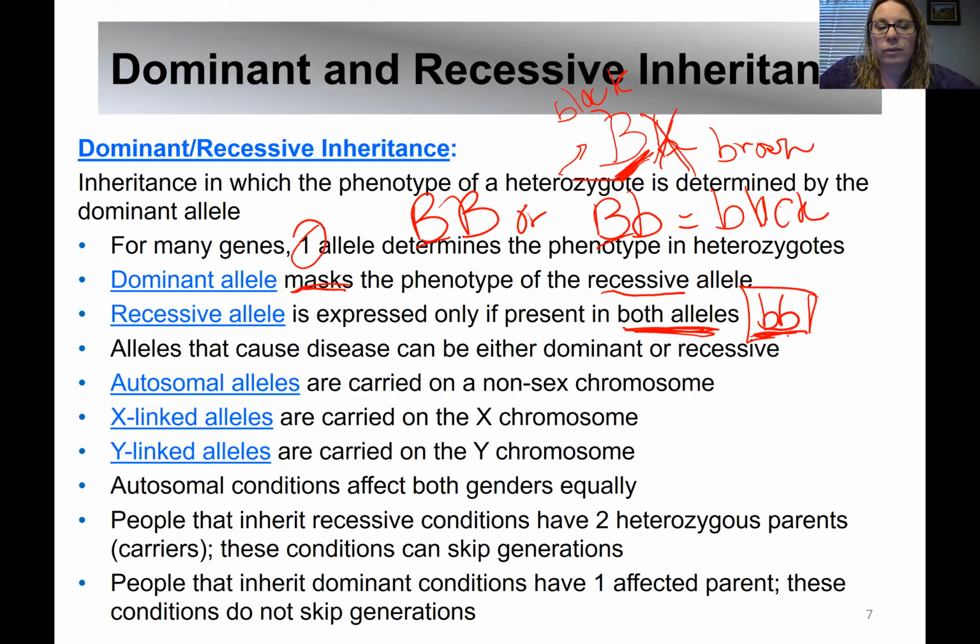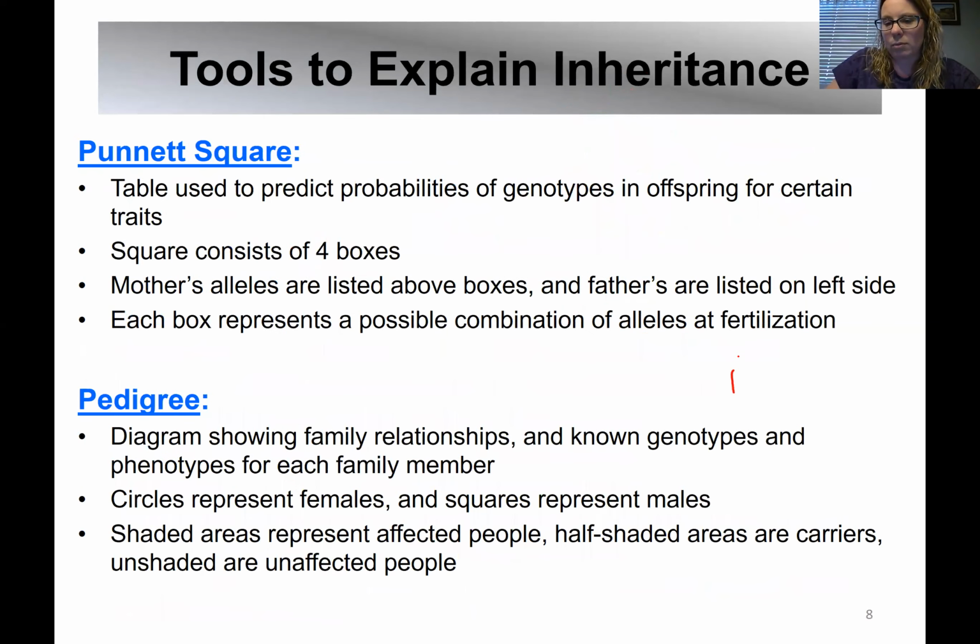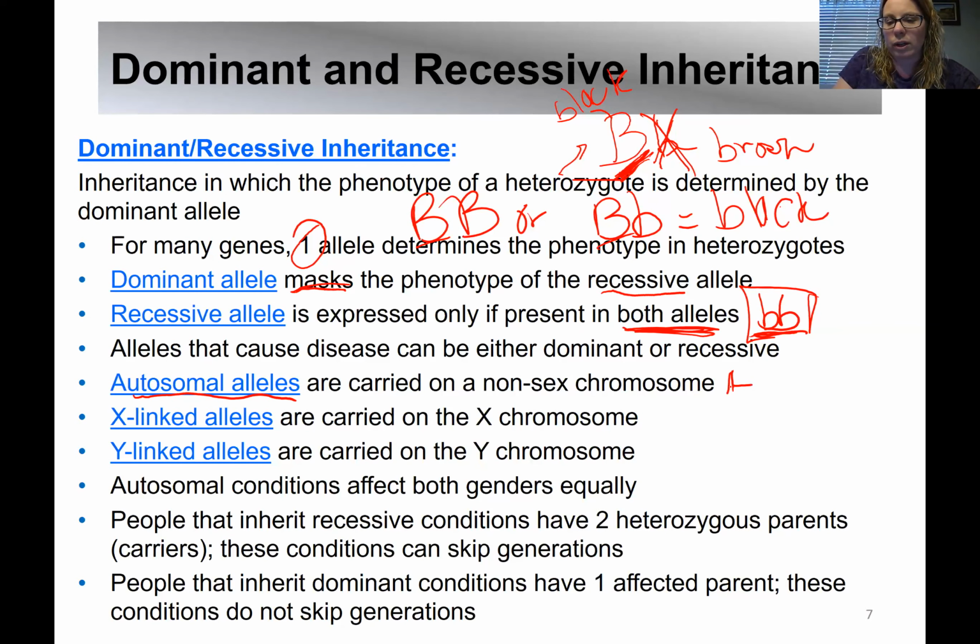Okay, now genetic diseases can be caused by either dominant or recessive alleles. And we'll talk about some of those here in just a little bit. Okay, so again, that term autosomal: an autosomal allele is going to be carried on a non-sex chromosome, which is chromosomes 1 through 22.